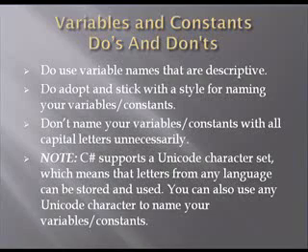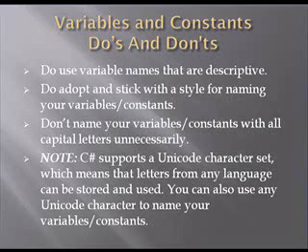Do's and don'ts. Do use variable names that are descriptive. Do adopt and stick with a style for naming your variables and constants. Don't name your variables or constants with all capital letters unnecessarily, but I do normally name my constants with all capital letters, but that's from my C days.